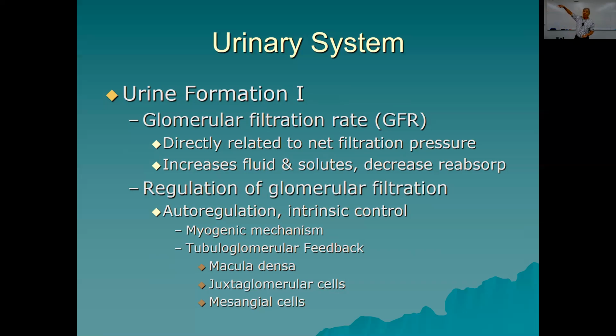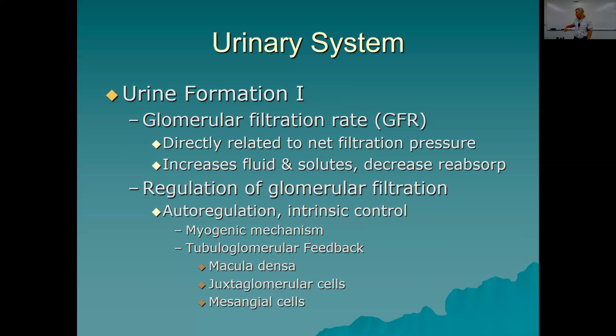If the conveyor belt goes too fast, then you don't take out enough, and the amount of this stuff is too much down the line. So the macula densa cells realize, wait a second, not enough is being taken out. It goes too fast, so we have to slow down the filtration rate.